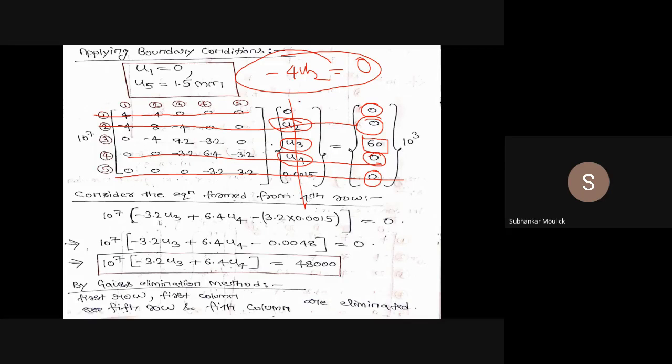So in order to make it possible, see, if you consider the first row, it does not have any effect of this u5 value. If you multiply the first row with the first column, 0 into this value is equal to 0.